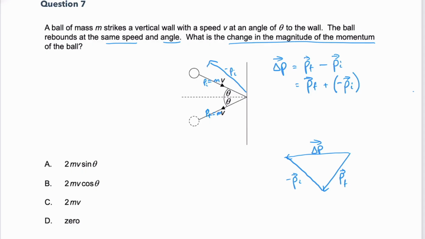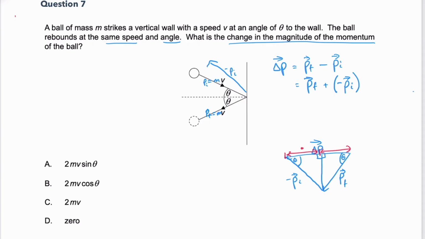This is getting a bit easier because all we have to do now is recognise that these are two right angled triangles. That angle is theta. We can use trigonometry to find out what this length is, and it's just double it for this whole delta p.